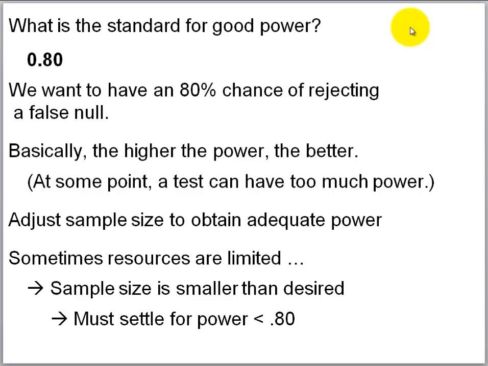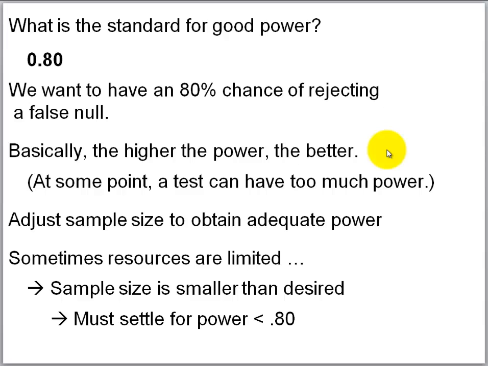What is the standard for good power? This is tough to say. I'm going to teach you that 0.80 is the standard for good power. In other words, we want to have an 80% chance of rejecting a false null.